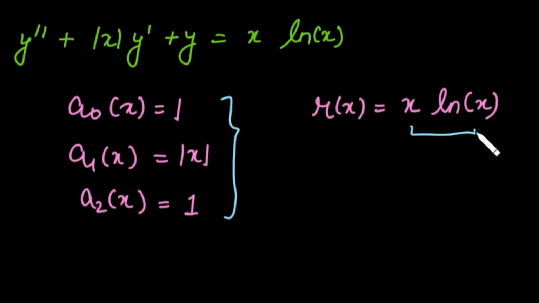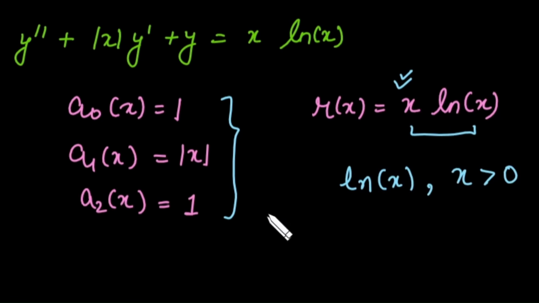Now what about R(x)? Is this continuous for every x belonging to the set of real numbers? The answer is no, because this is well defined, but log x is defined only when x is greater than 0. So in one case x belongs to the set of real numbers, and in this case we are saying that x is greater than 0. So the intersection is x greater than 0.